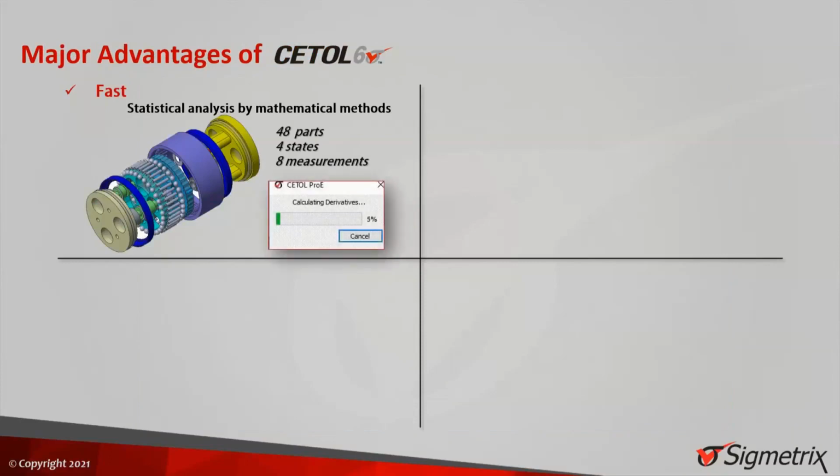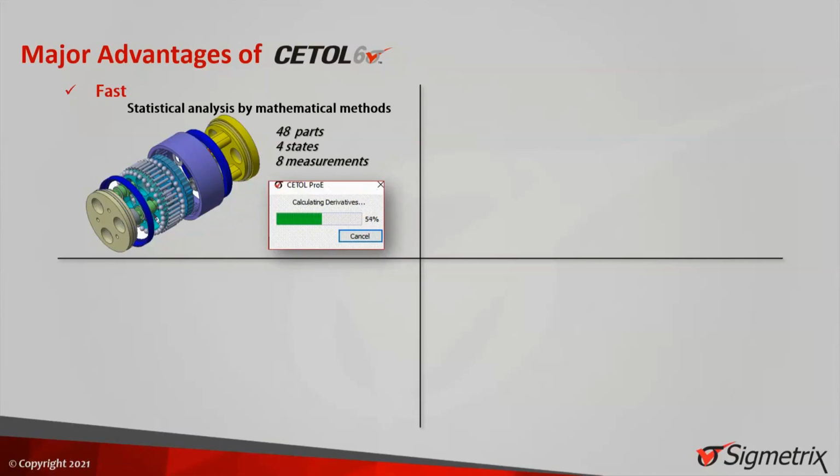Okay, this slide shows you some major advantages of CETOL. So the first one is fast. Because CETOL Six Sigma uses a mathematical method to do the statistical analysis, it is quite fast. So for example, this assembly, you see this is a reducer, a harmonic reducer, including almost 50 parts.